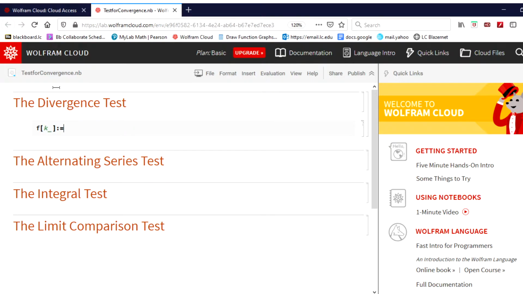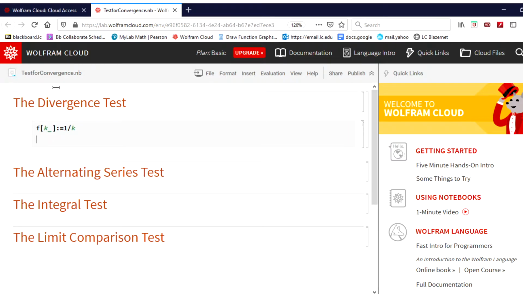Let's go with the case where we have maybe the value 1 over k to begin with here. This is the harmonic series. We do know that it diverges, right? But in the divergence test, we're also going to encounter some inconclusive results, right? So let's see what happens here in the divergence test for this.